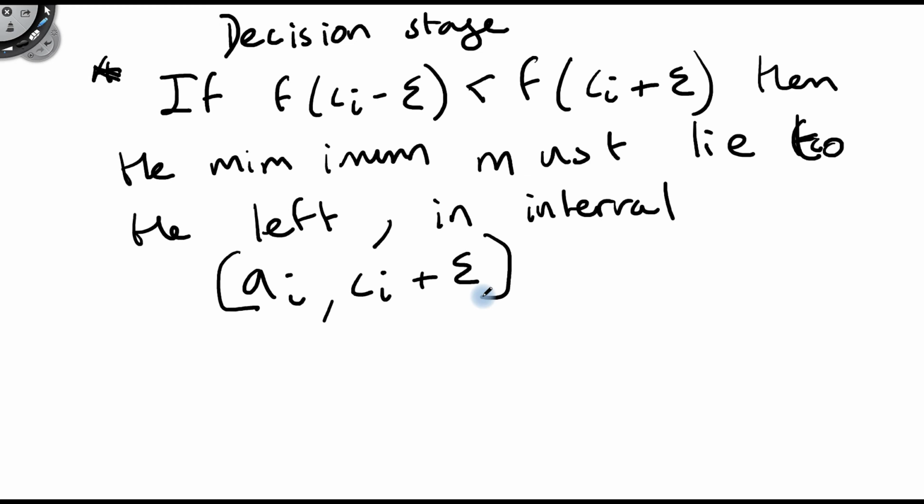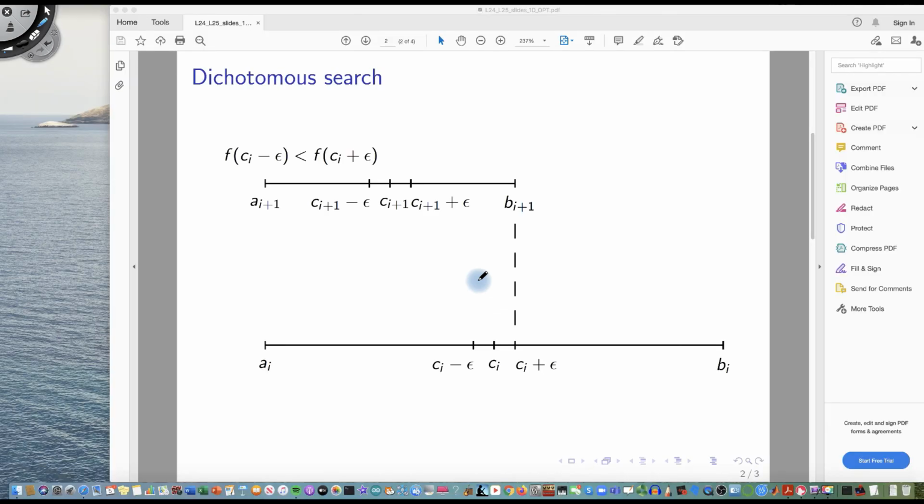Let's just go to the diagram. So if f of CI minus epsilon is less than f of CI plus epsilon, we select the new bracket as AI and CI plus epsilon.